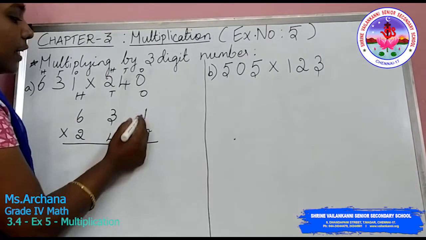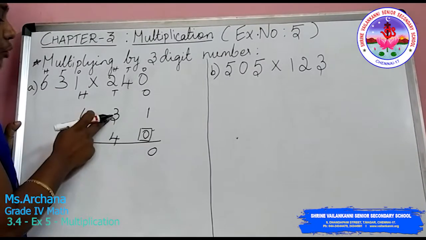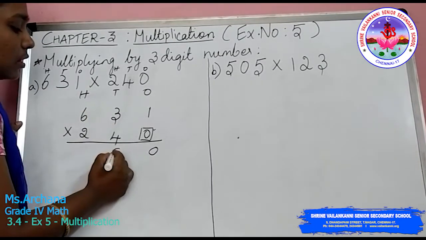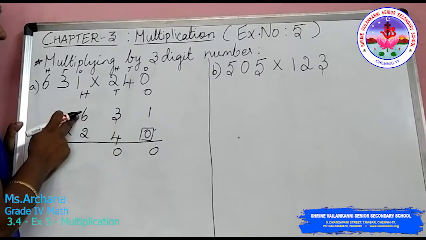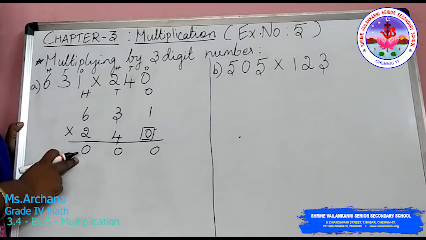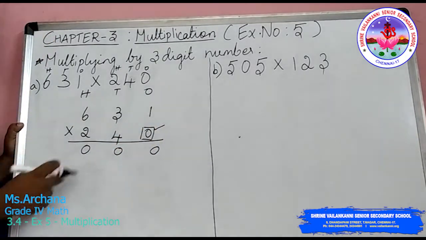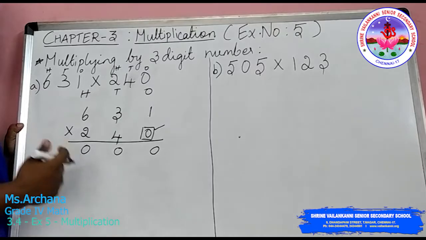So 0 into 1 gives 0, 0 into 3 gives 0, 0 into 6 gives 0. So all the ones place values are 0. The multiplication of the ones place is over, and then you will move on to the tens place.